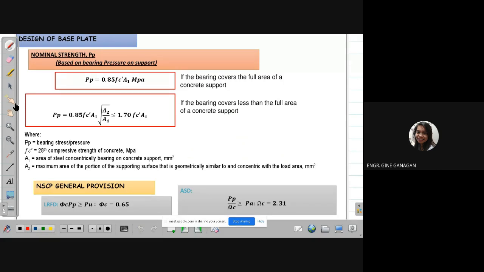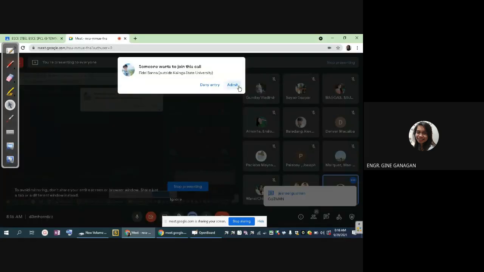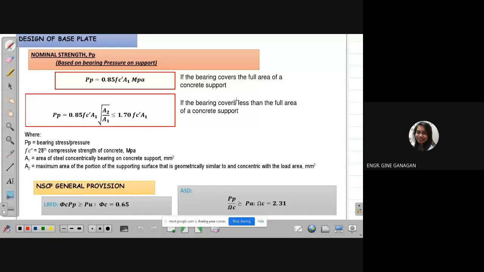So in designing base plate, we must meet the limitations set by our NSCP.